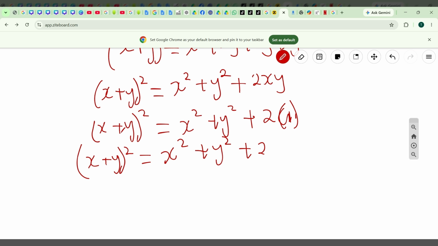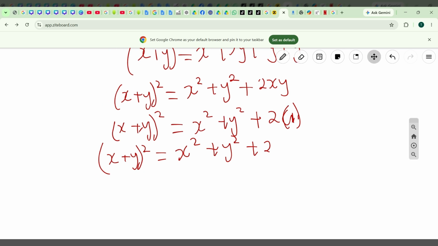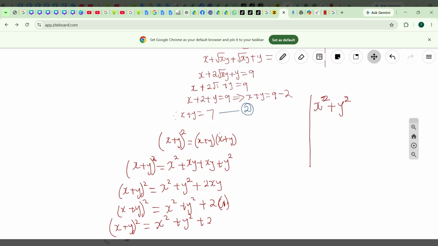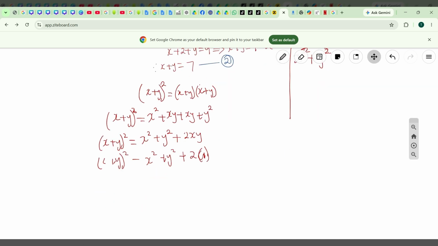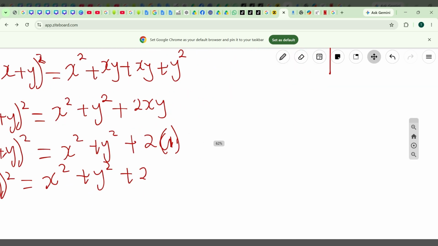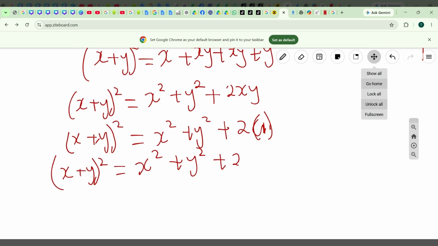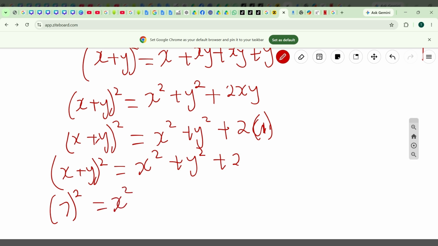Now remember what our x plus y is? From equation 2, x plus y is equal to 7, so we substitute it. So this is 7 squared is equal to x squared plus y squared plus 2.